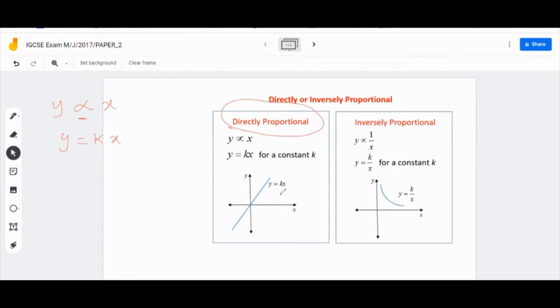Here k is constant. The graph passes through the origin. If you have something inversely proportional, then y is proportional to 1 over x, so y equals k over x. The graph could be like this. This is the basics you need to understand before you get into this problem.